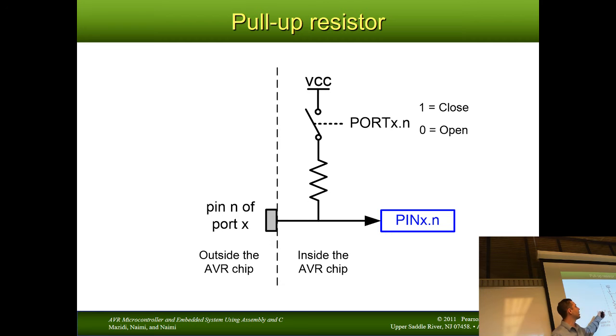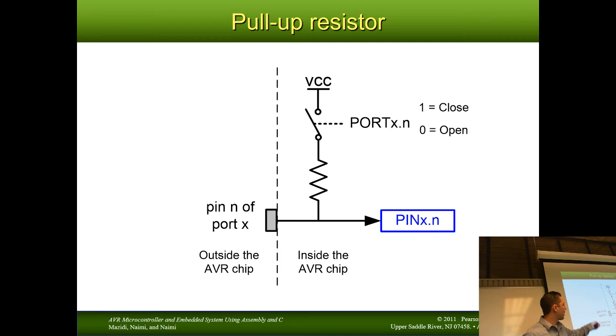So we use it to indicate whether this magical switch should be open or closed. If it's a 0, that switch is open, which means no current will ever flow in either direction through that pull-up resistor. If it's 1, that pull-up resistor switch is going to be closed, and so current will flow out of this or into this as necessary.